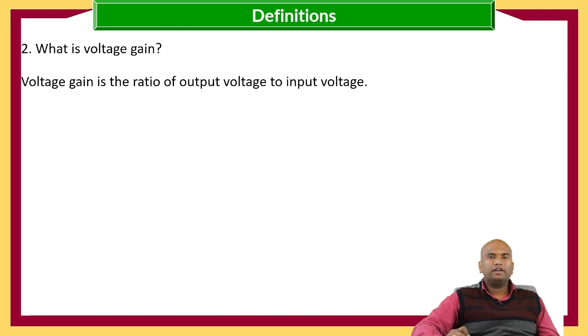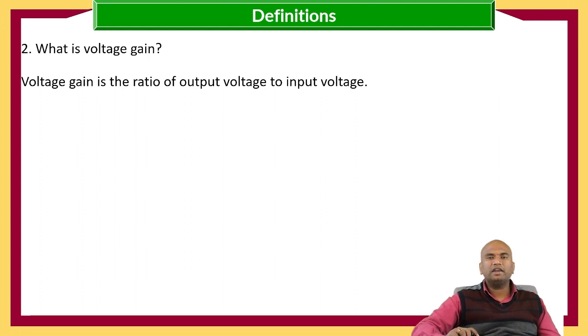What is voltage gain? Voltage gain is the amount of gain that happens in the amplifier. The amplifier's function is increasing the signal value from a low value to a high value, so the output value will be high and the input value will be low.